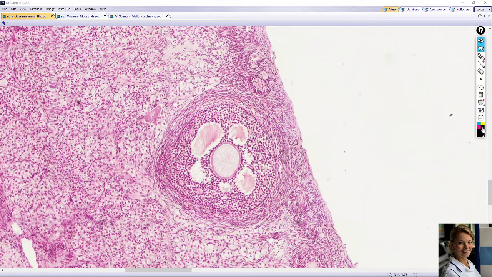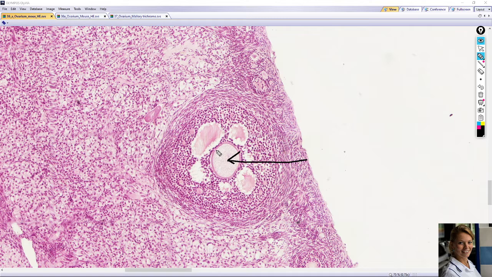Inside you can see oocytes, primary oocytes here, which is surrounded by zona pellucida, rich in proteoglycans and glycoproteins.